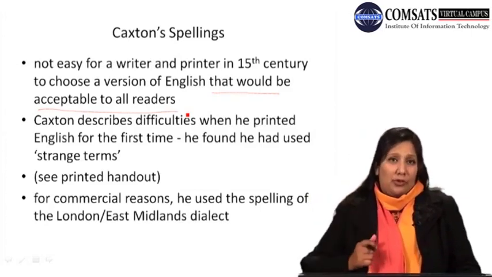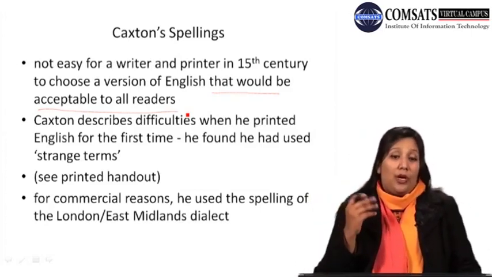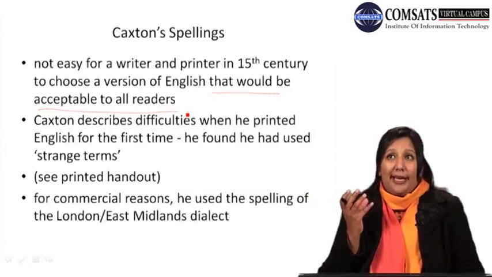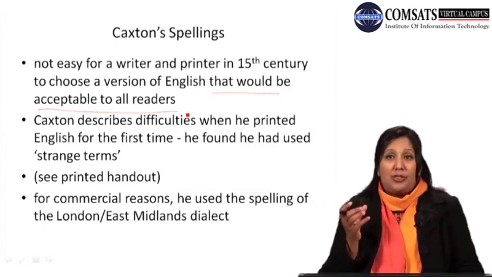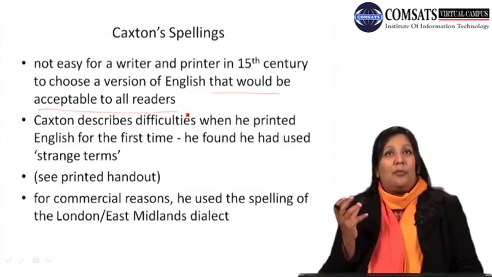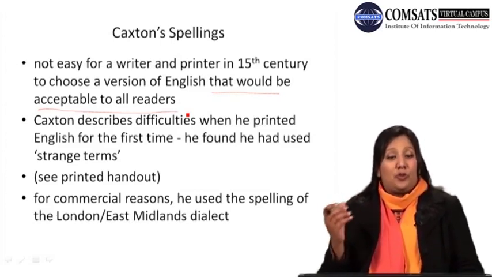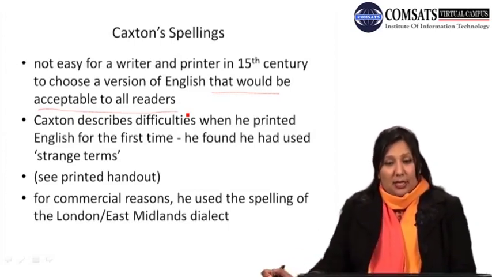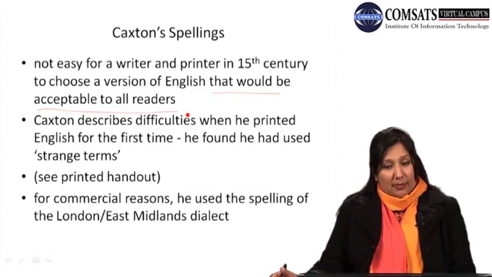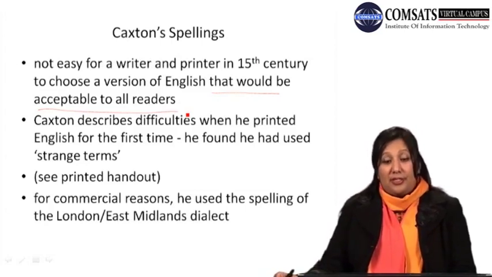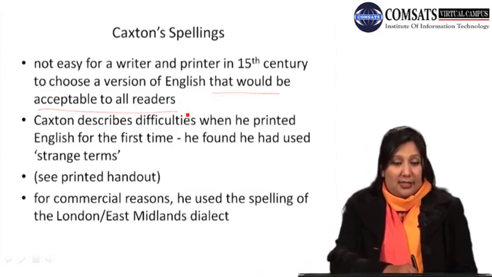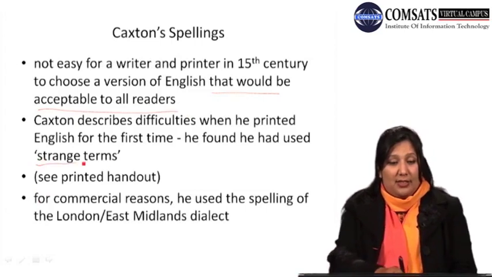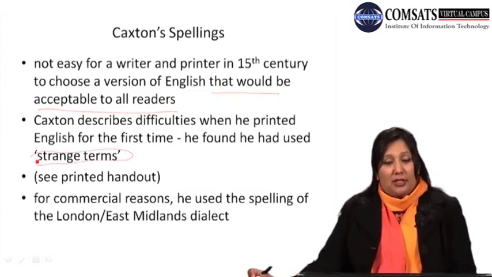There was a big confusion about what kind of English they were going to use that would be acceptable, readable and comprehensible by the English speakers. Caxton describes difficulties when he printed English for the first time. He found he had used strange terms.